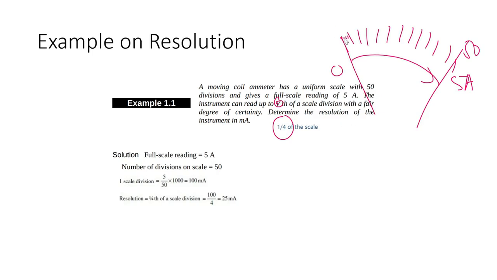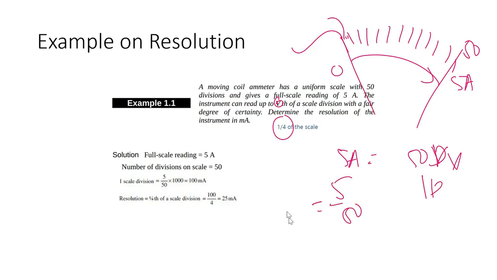We want to find what this single step will tell us about the amperes. Total 5 ampere is 50 divisions. So 1 division is 5 by 50, which is 1/10, which is 0.1. Now we are saying that this 1 division can further be divided into 4.